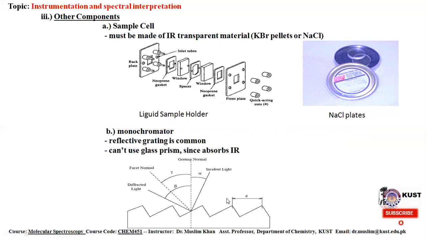It absorbs other radiations and only allows the radiation of that wavelength which is quite near to the absorption maxima of your analyte, your sample. So we are not going into the detail of a monochromator because we have discussed that in UV visible spectroscopy.